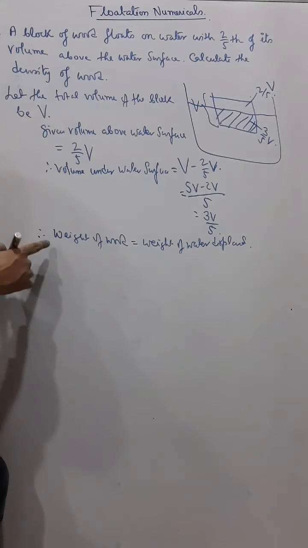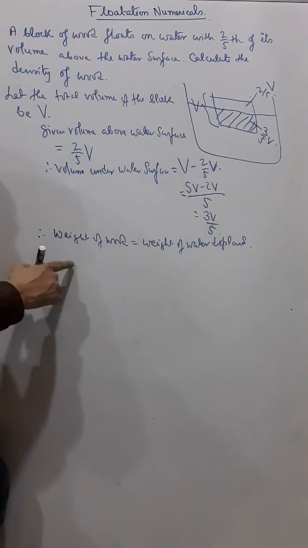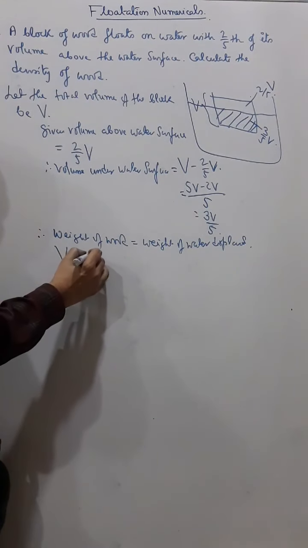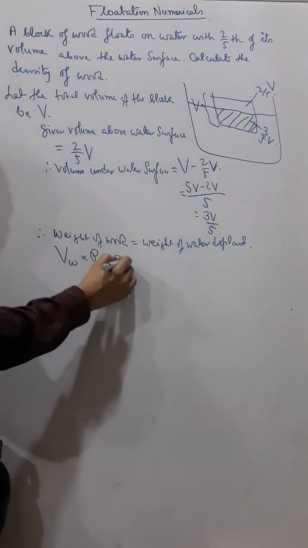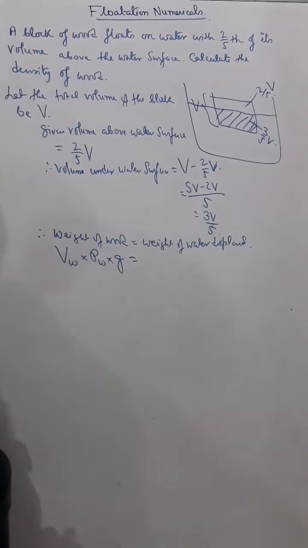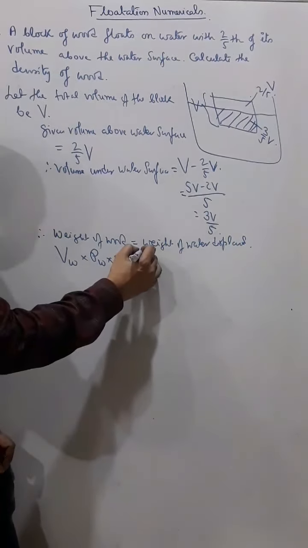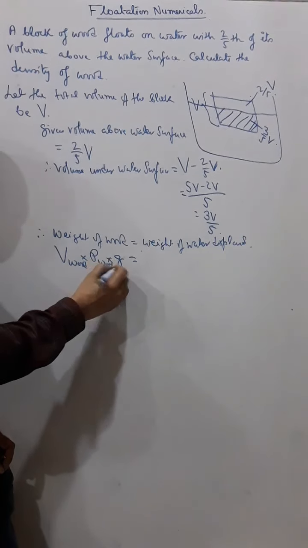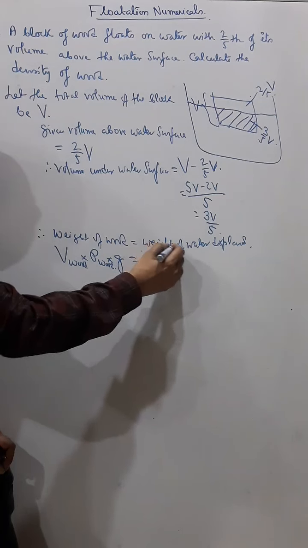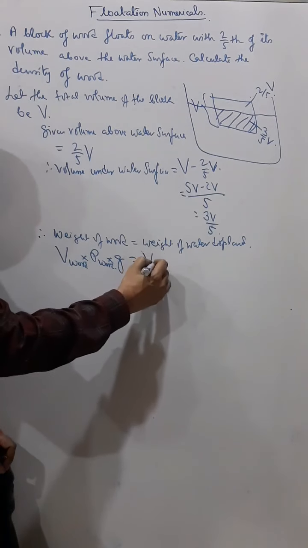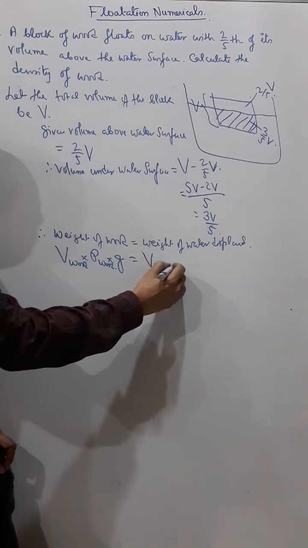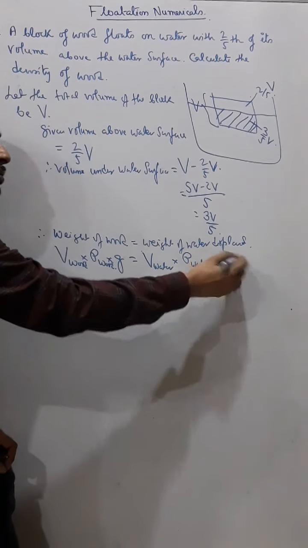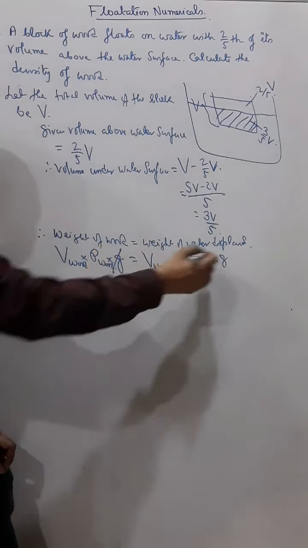Weight of wood is volume of wood into density of wood into acceleration due to gravity, and weight of water displaced means volume of water displaced into density of water into g. Simple.